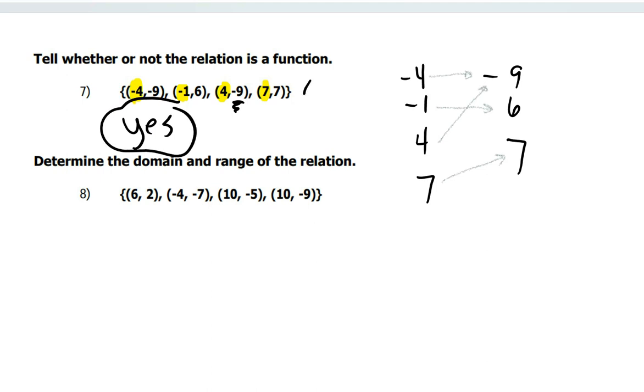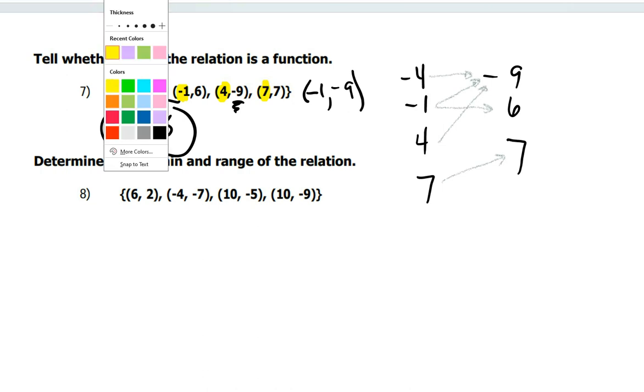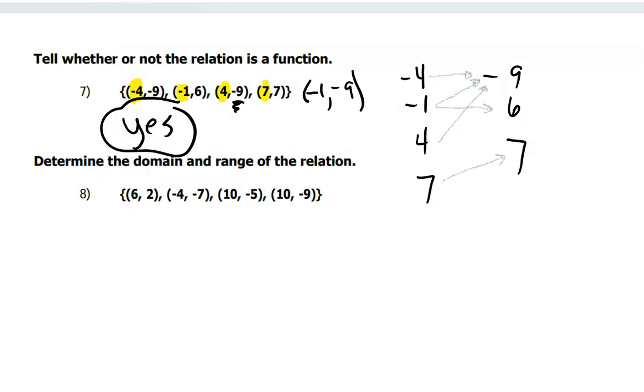But if they had added one more point like negative 1, negative 9, then you'd have negative 1 again, and now you'd have that arrow. So you'd be showing, just like before, negative 1 going to the 6 and negative 1 going to the negative 9.